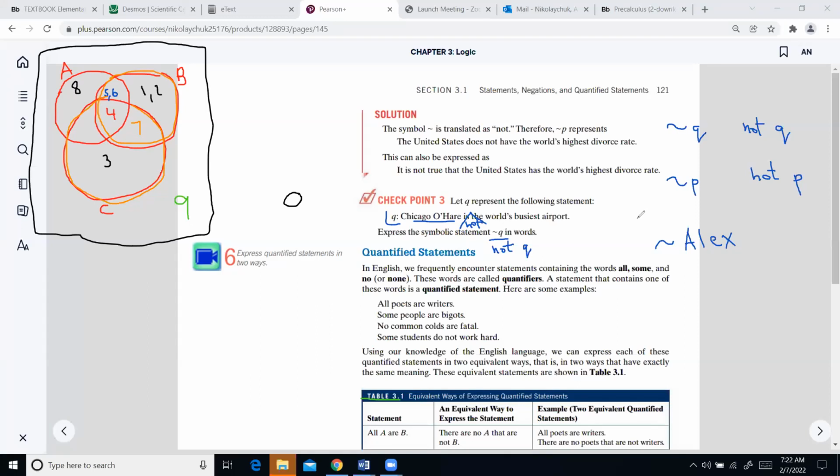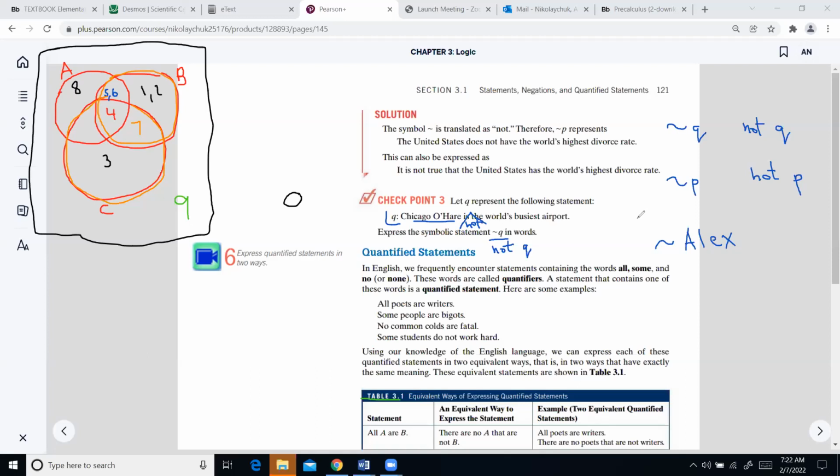You don't have to agree or disagree. You just follow what they say, because some experts may say yes, this is the busiest, but others say no, in Hong Kong or somewhere it's even busier, and that's why this is not the busiest airport.